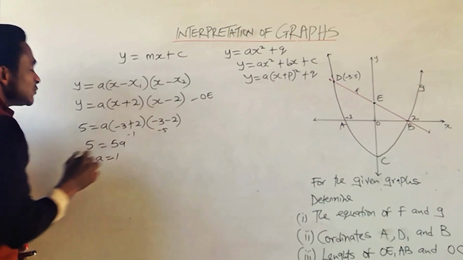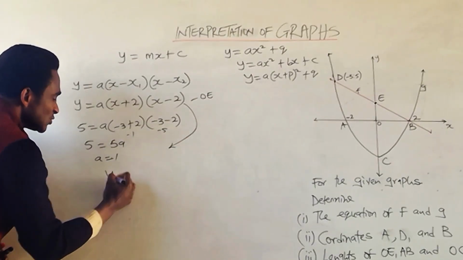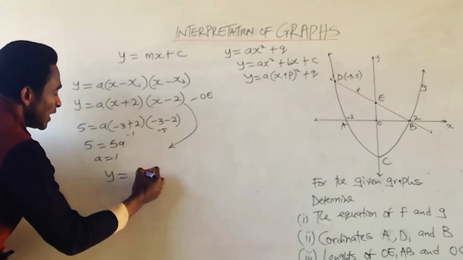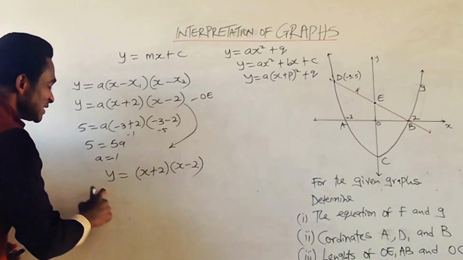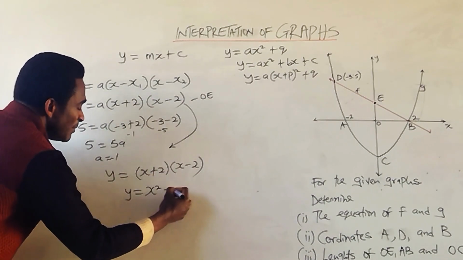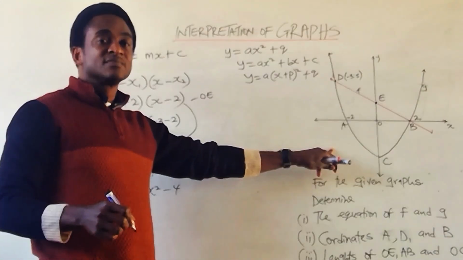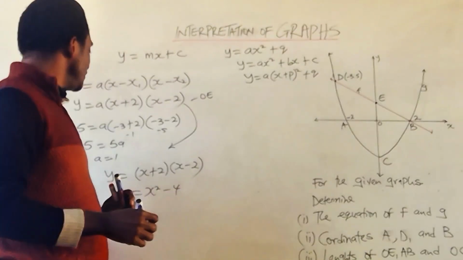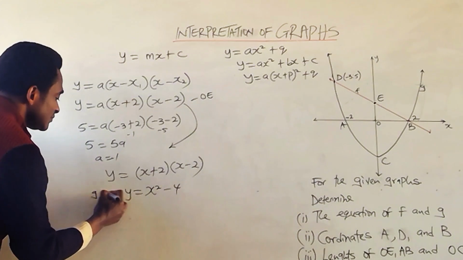So our a is 1. We go back to the original equation and substitute our a as 1. So we have 1 into x plus 2 and x minus 2. If we simplify this, we have x squared minus 4 as the equation of the parabolic graph here. Now we've gotten the equation of the parabolic graph, that is the equation of g.